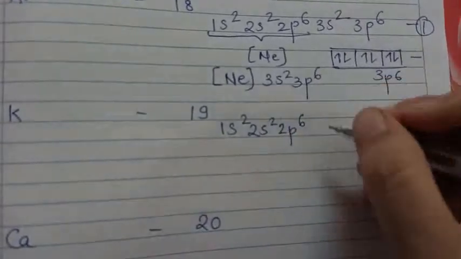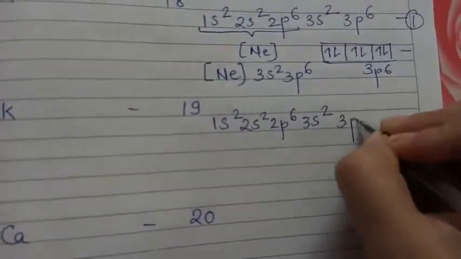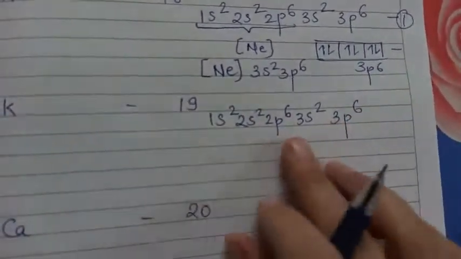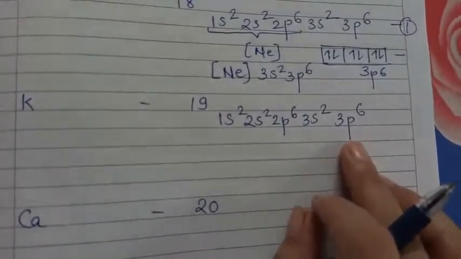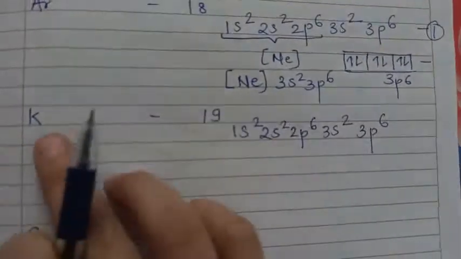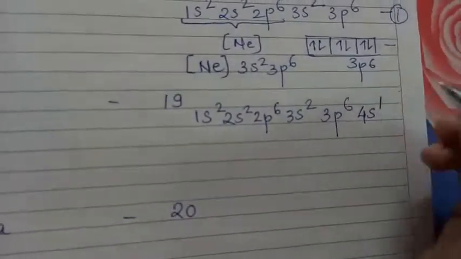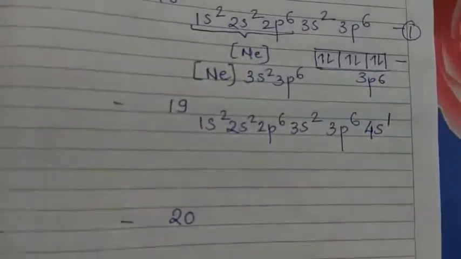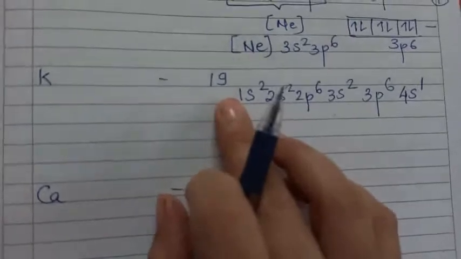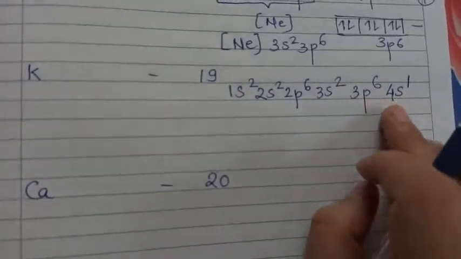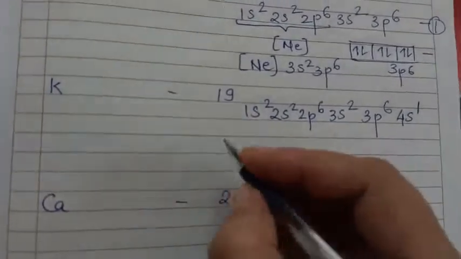This much represents 10 electrons, then 12, 3p6. This much represents how many electrons? This represents 18 electrons, and then it has 19, so the 19th electron will go in 4s. So here you have to keep in mind that the 19th electron of potassium should go in 3d, but it is going in 4s due to energy reasons as explained already.